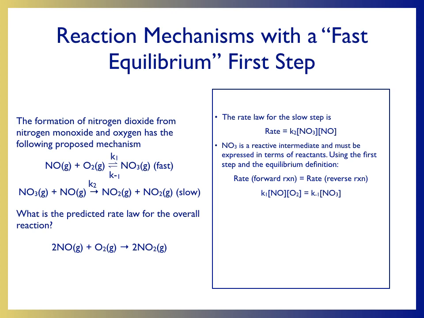We write rate laws, therefore, for the forward and reverse reaction and set them equal to one another. This gives us that K1 times the concentration of NO times the concentration of O2 is equal to K minus 1 times the concentration of NO3.